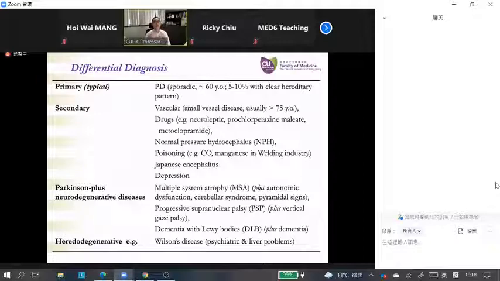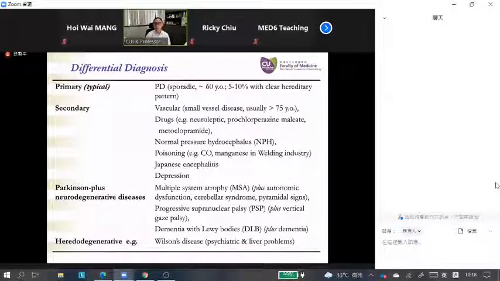If we see a patient with bradykinesia, resting tremor, rigidity, and postural instability, then the differential diagnosis is first typical primary Parkinson's disease.